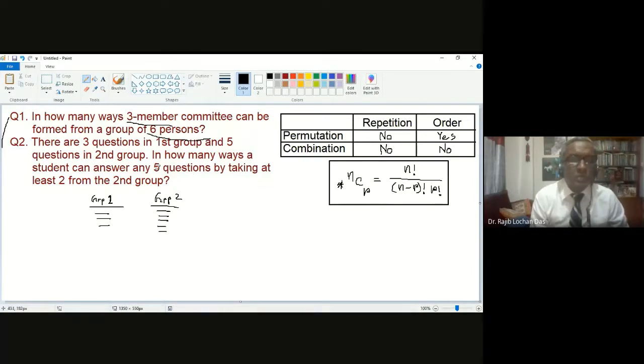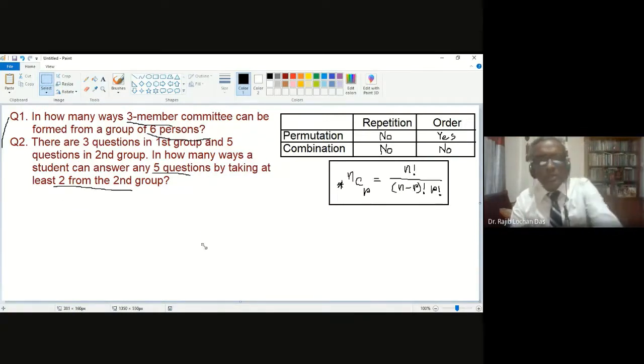5 questions altogether, but the condition is at least 2 questions from the second group. So maybe you can take 3 questions, maybe you can take 4 questions, but there will be the condition that at least 2 questions come from the second group. So how can one person answer? In this, there are different combinations possible.